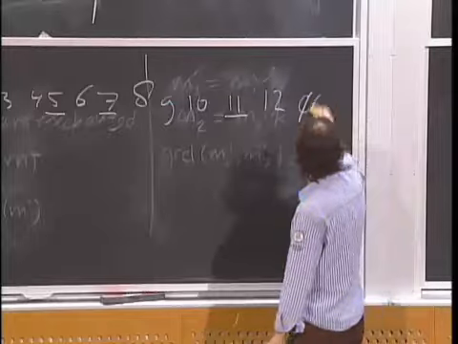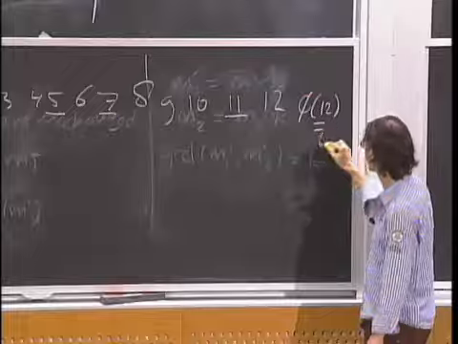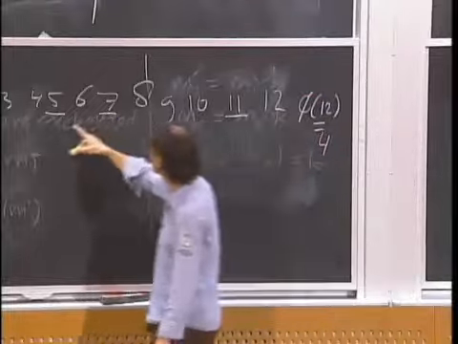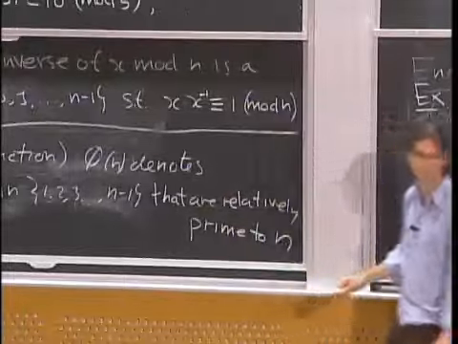So here we see that the Euler totient function evaluated at 12 is equal to 4. There are 1, 2, 3, 4 integers that are relatively prime.